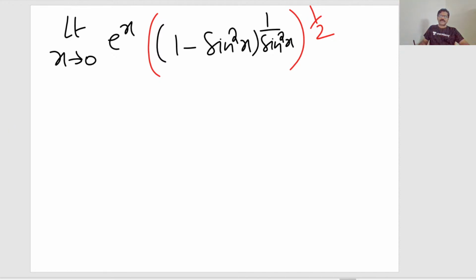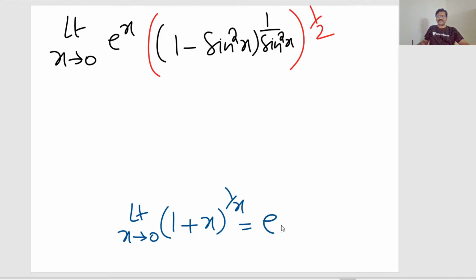We have one formula: limit x tends to 0, (1 + x) whole power 1/x is e.